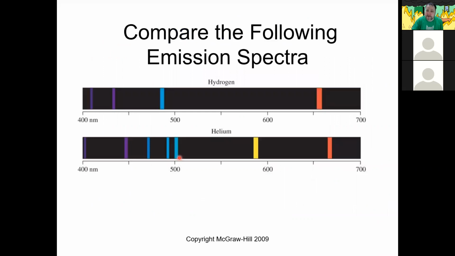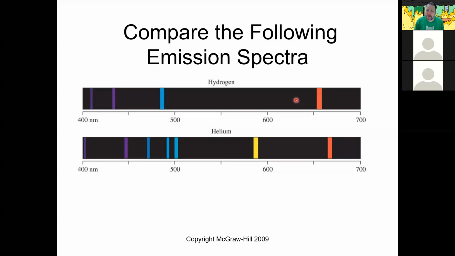Right. So if you've got two different emission spectra, hydrogen versus helium, those lines in hydrogen are coming from the n equals 6 to n equals 2, 5 to 2, 4 to 2, and 3 to 2 transitions. It's pretty simple for us to predict and model that in hydrogen.